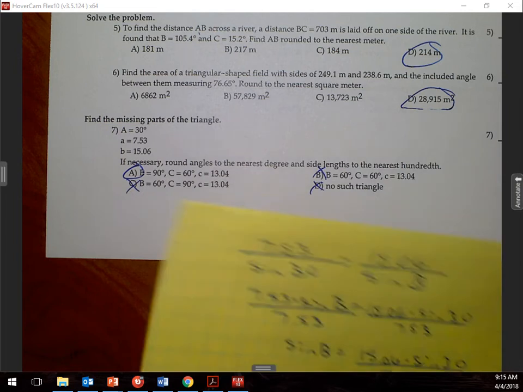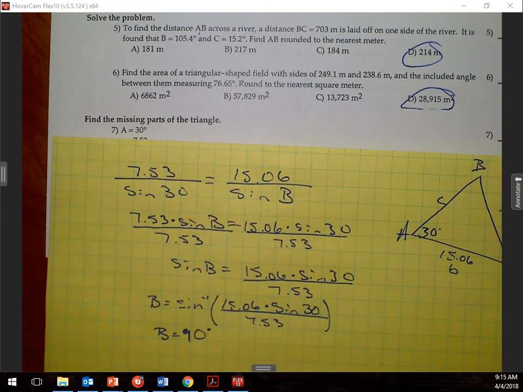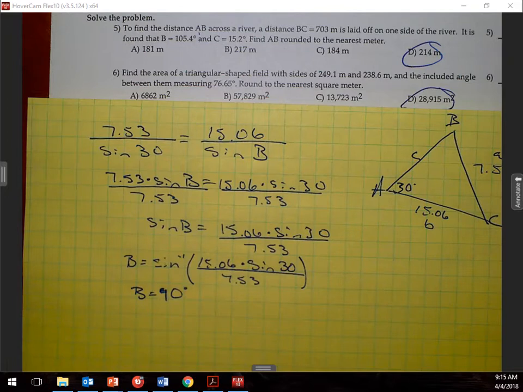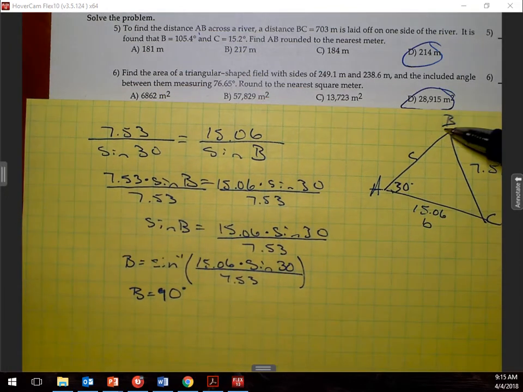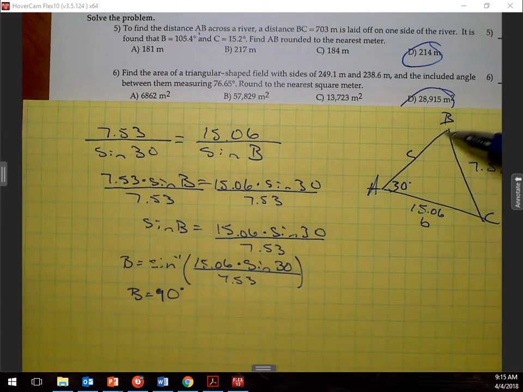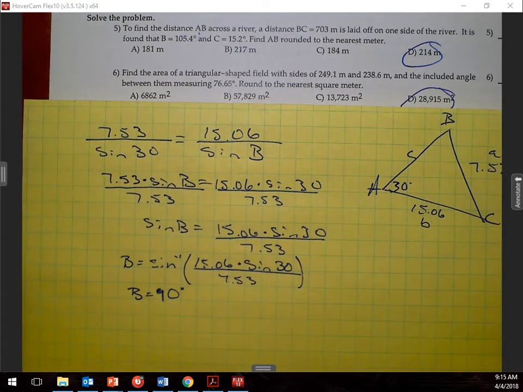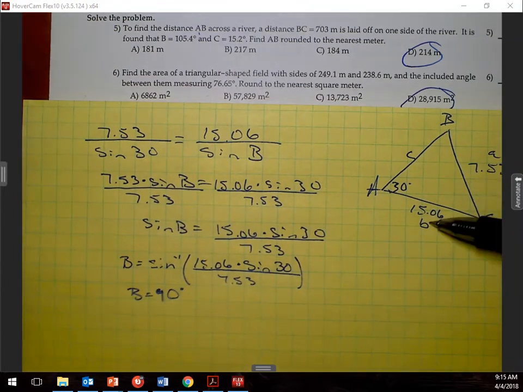Now, let's just take a look real quick. I got 90 on this one. But what would happen if this angle was less than 30? Look at the sides. Which one's supposed to be bigger?